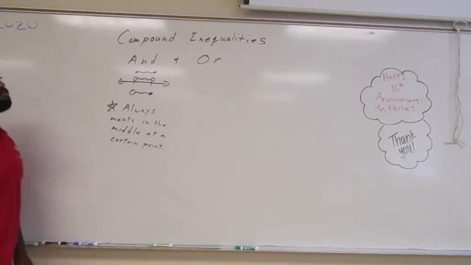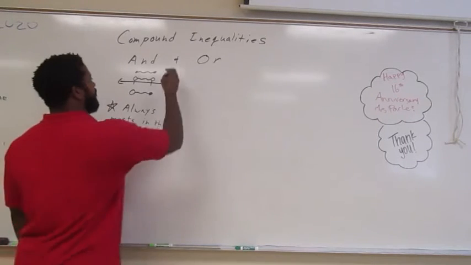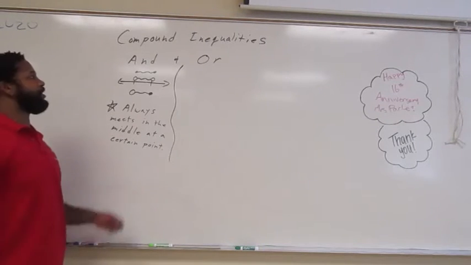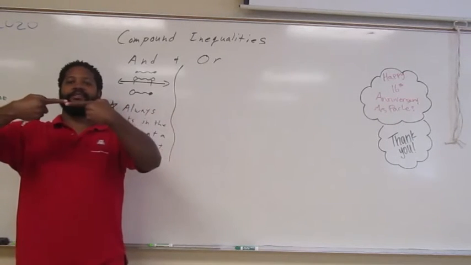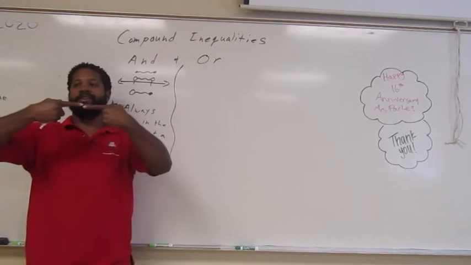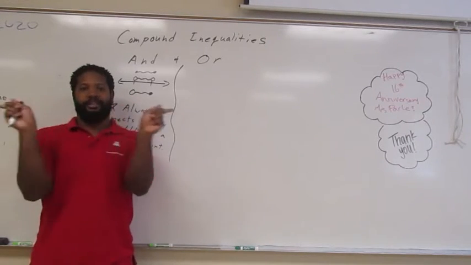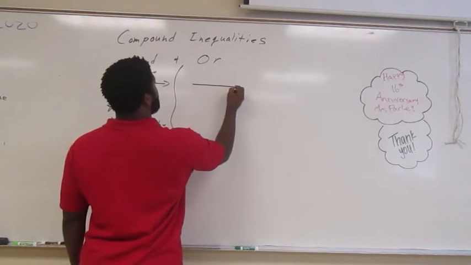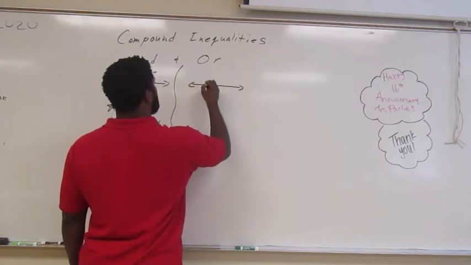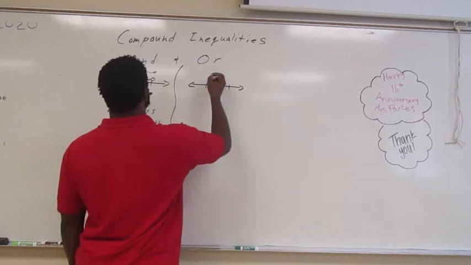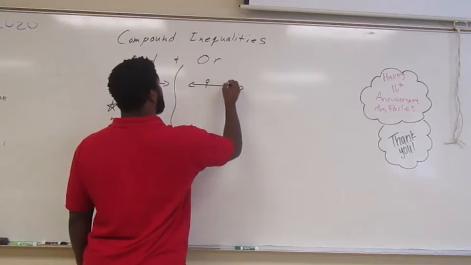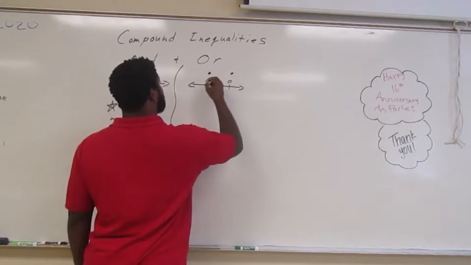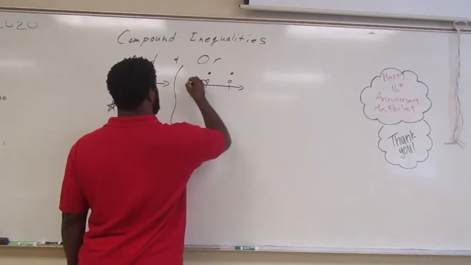Okay? Or. The or. Well, if and meets like this, what do you think or does? They go away from each other. The or, you have 2 points, whether they're open, whether they're closed. They go away from each other.